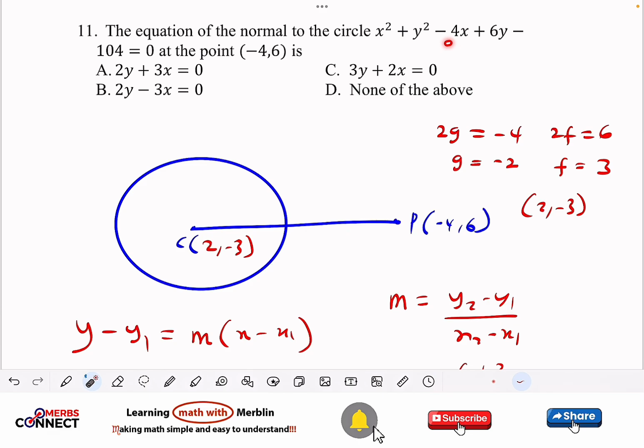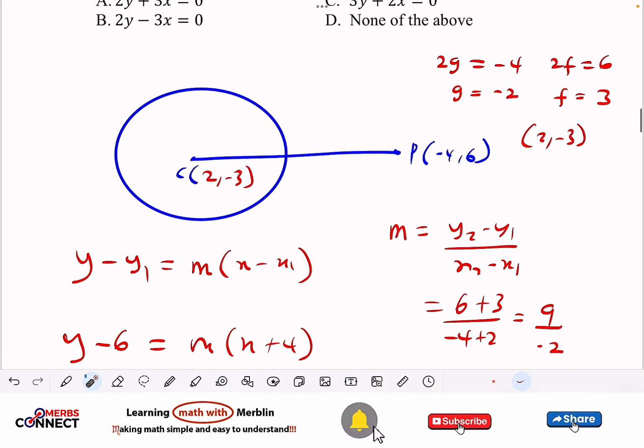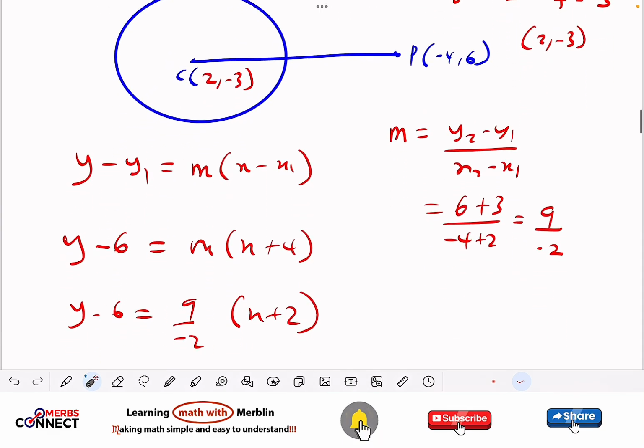So this is minus 2, indeed, yes. This is 3. So we are going to get 2 and minus 3. The point is minus 4, 6. Find the gradient: this 6 plus 3, which is going to be 9, and then minus 4 minus 2. Good, so there's a mistake here.